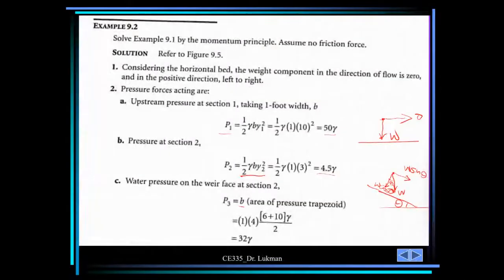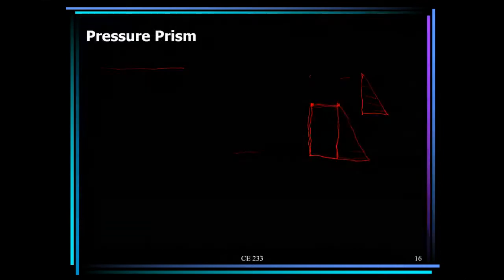That's exactly what you have. This is 32 gamma. Don't forget, gamma is a constant, the unit weight of water. So if we want to find the exact pressure forces, we will simply substitute gamma.